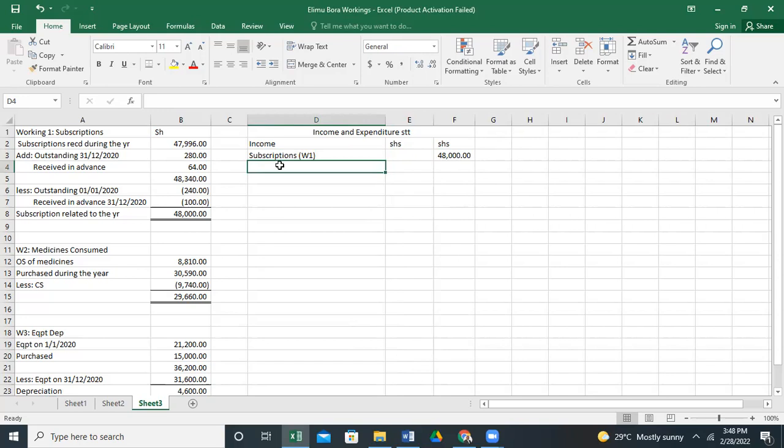Then from there, I go back now to my books to see the incomes. I see donations there. So donations are 14.5. Then I can see interest on investment.